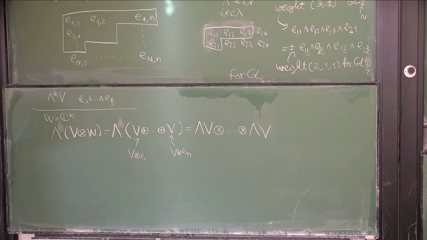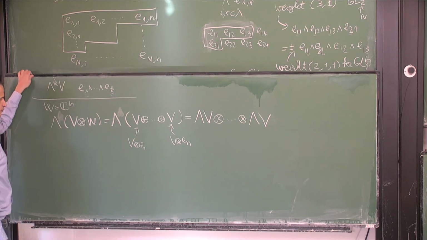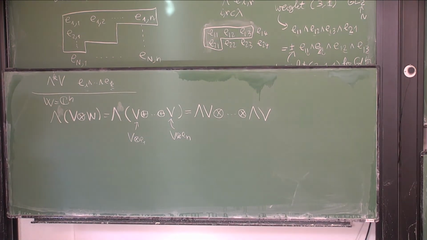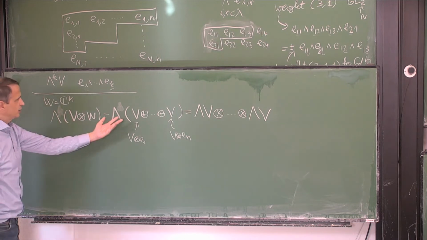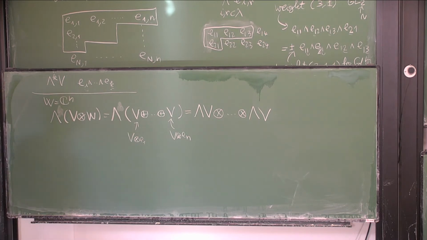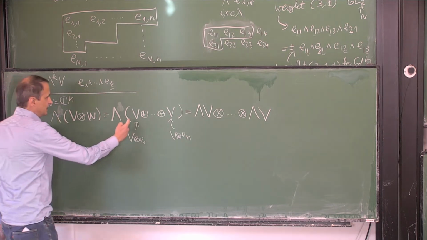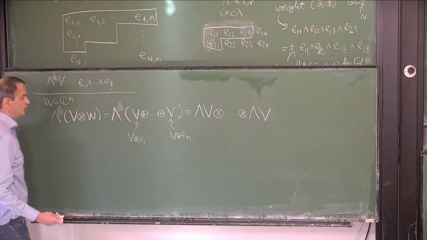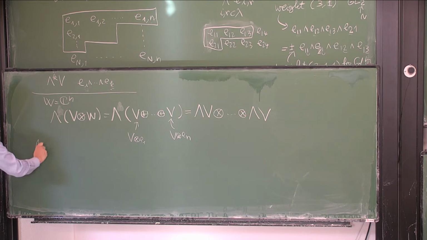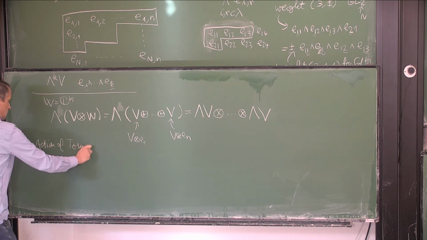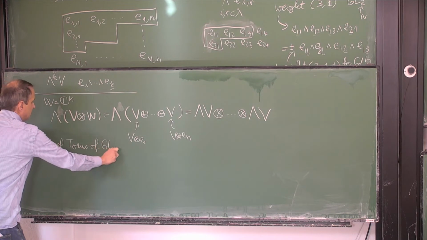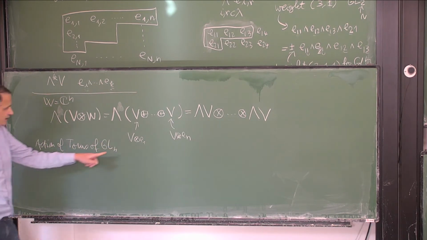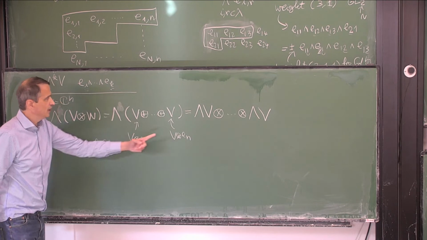You see that you have a tensor product of exterior algebras. The action is a little subtle, but what you can easily see is the action of the torus. The action of the torus of GL_n is diagonal, right? So it will scale e1 up to en.